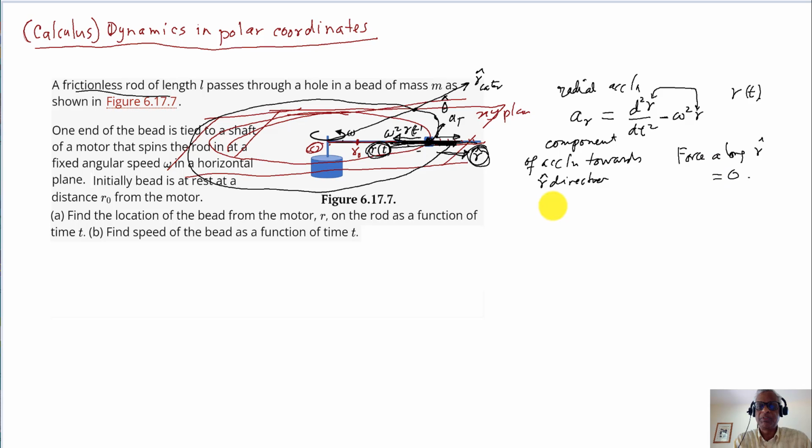So if I write F equals ma and I just look towards the r hat direction, either way we look at this, F_r equals m a_r, and this will be 0.